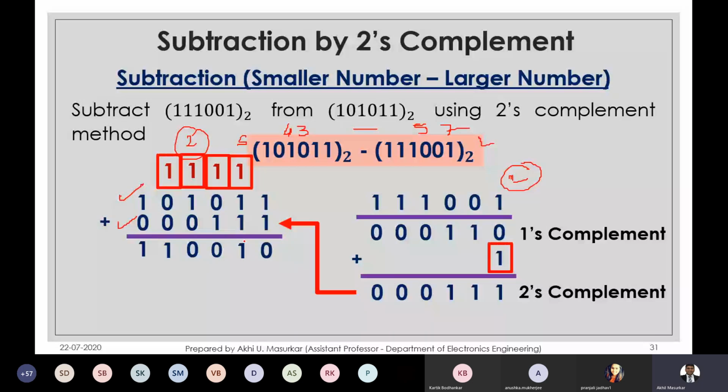Now step 3 says that if carry is 0, determine the 2's complement of the addition. That means now I want to know the 2's complement of this. So now let us go to step number 3. Now I want you to calculate the 2's complement of 110010. Okay, great. Vishwas has given the answer, the first one to answer. But let's see how.